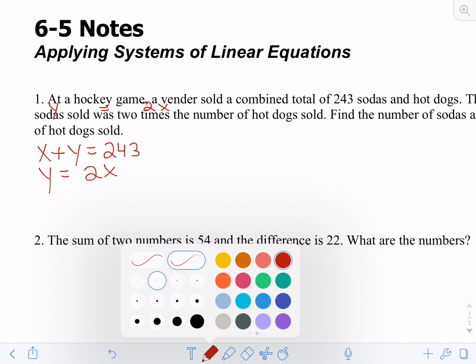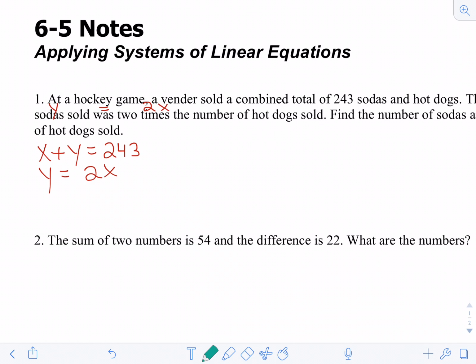Okay, now remember, in order to put this into the matrix that we've been doing, you have to have your x's and your y's lined up with your constants. So I'm going to move this 2x over, so you have y minus 2x is equal to 0. But remember, x's come first. So I'm going to rewrite this as negative 2x plus y is equal to 0.